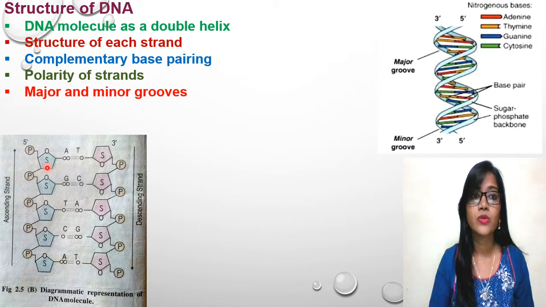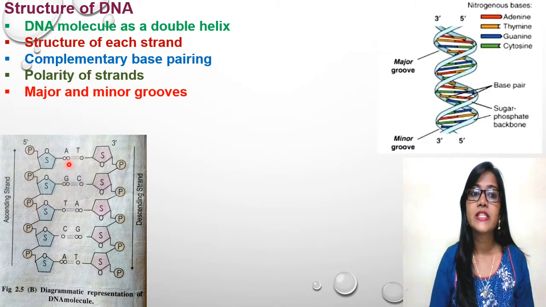These sugars have these phosphate groups, and the phosphate groups are linked. The sugar phosphate is attached like this, and it forms a part of the ascending strand of DNA.